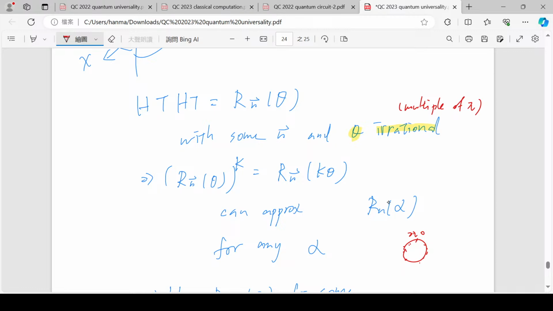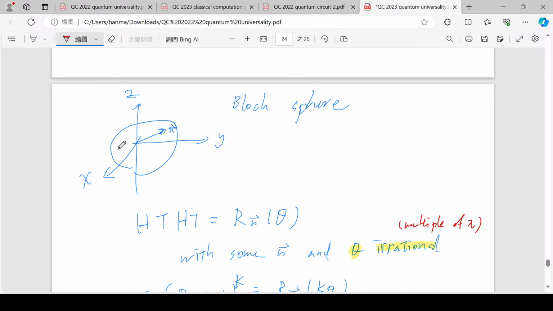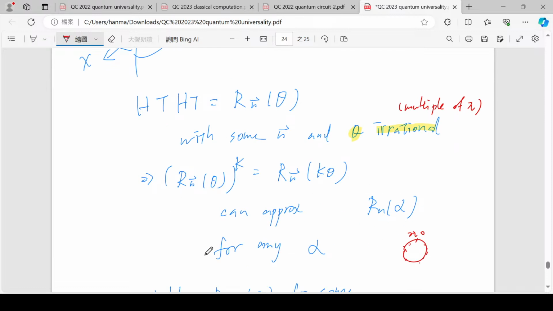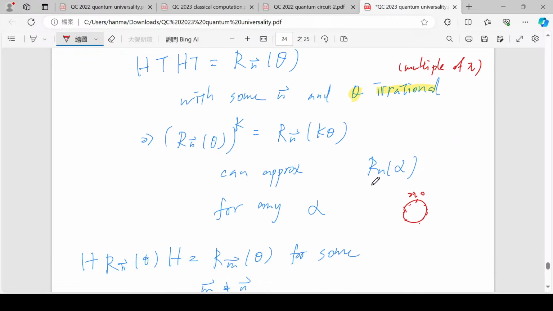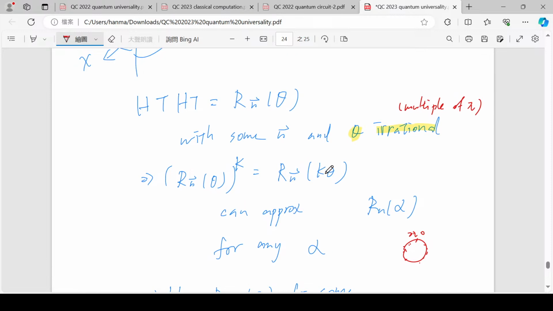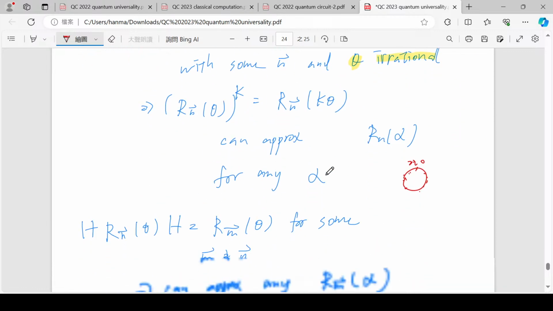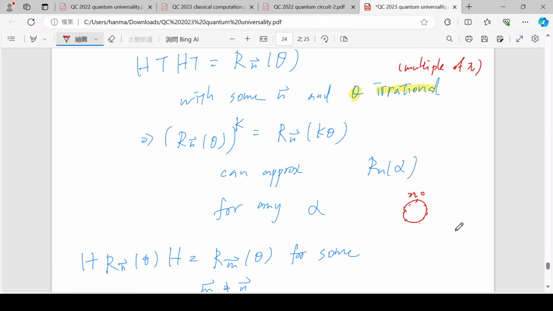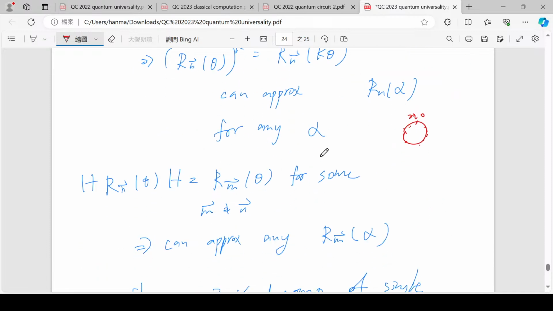That means you can approximate the rotation around this axis n to any precision. So for any Rn of alpha, you can just do Rn of k theta for some maybe very large k. Because theta is irrational, those k theta will be dense on this circle.